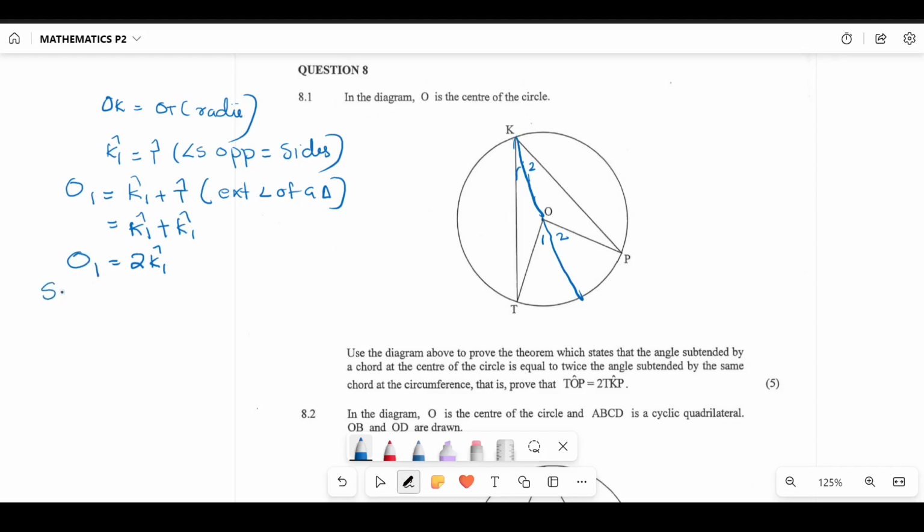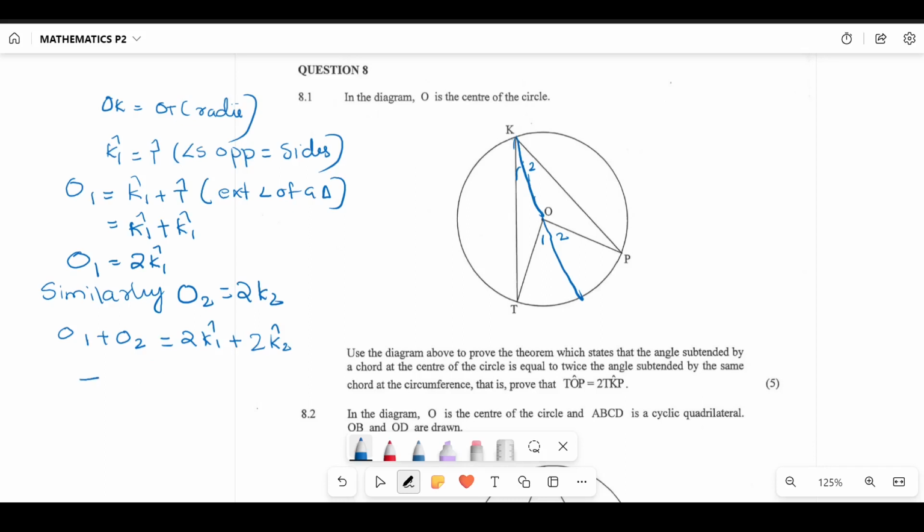So now you can say similarly O2 is also equal to 2K2. Now O1 plus O2, which is angle TOP, is therefore equal to 2K1 plus 2K2.